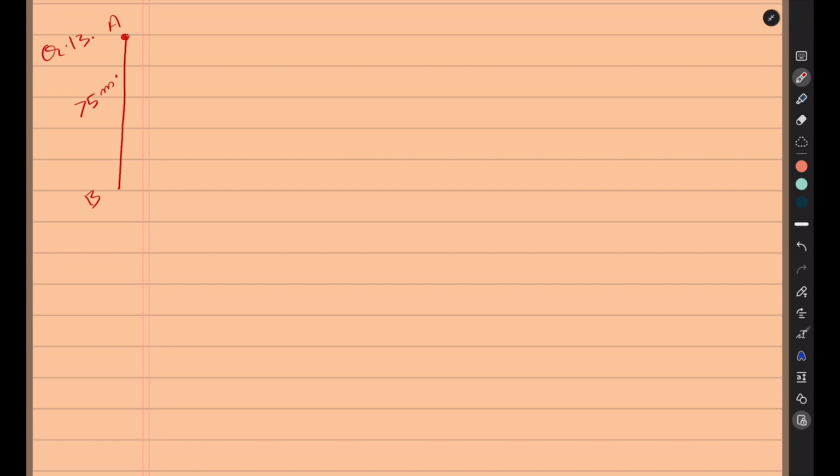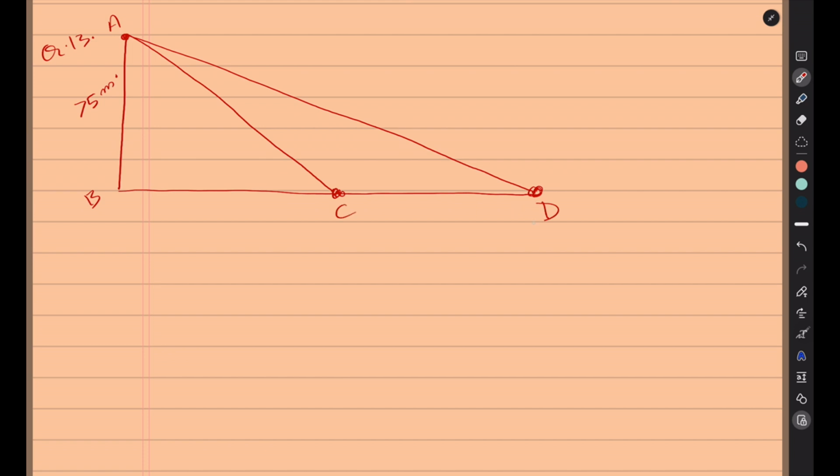Okay, so we are observing one ship here and another ship maybe here, and this is the sea level. Ship number one here, ship number two here. So just name it, and this is 45 degree.